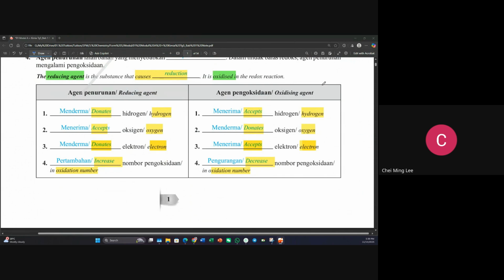Then for oxidizing agent, the process will be the opposite, which is reduced. It will undergo reduction.